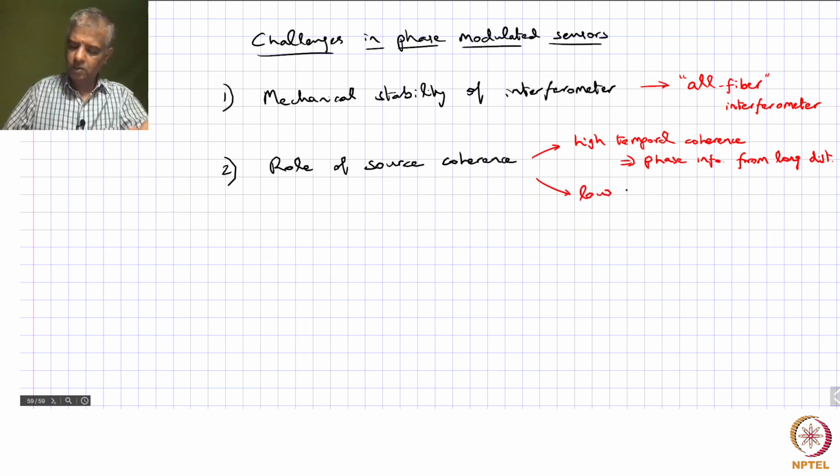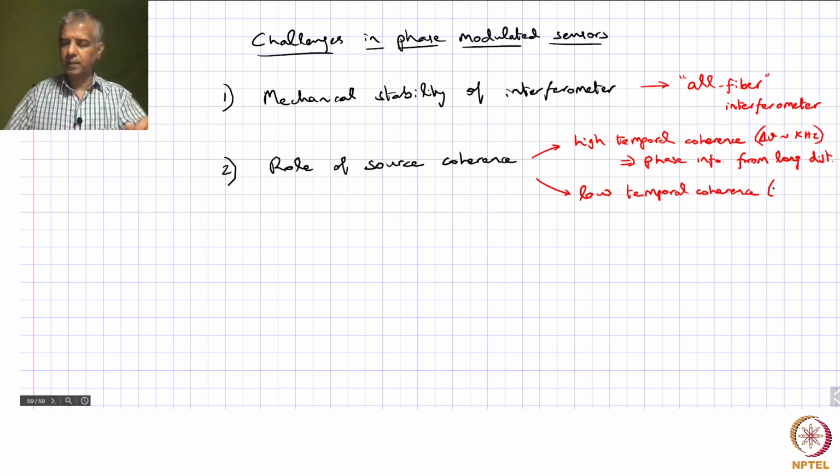Whereas when you talk about low temporal coherence, here you're looking at delta nu in the order of terahertz, whereas before it was in the order of kilohertz.